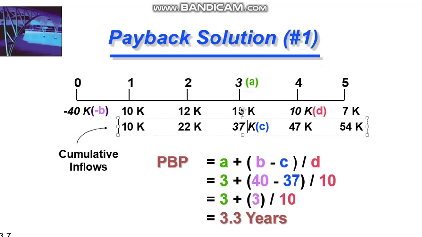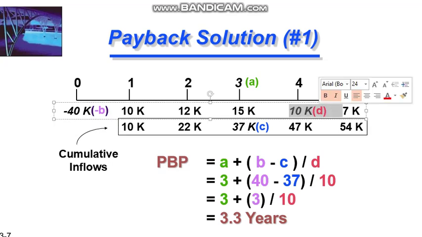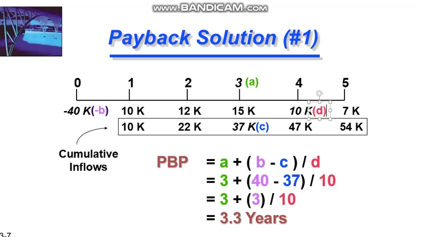And D is the very next period's individual inflow, that is 10k. Now 40 minus 37 gives 3, we divide it by 10 and add 3 to it, and that comes to 3.3 years. So our payback period is 3.3 years for this question.